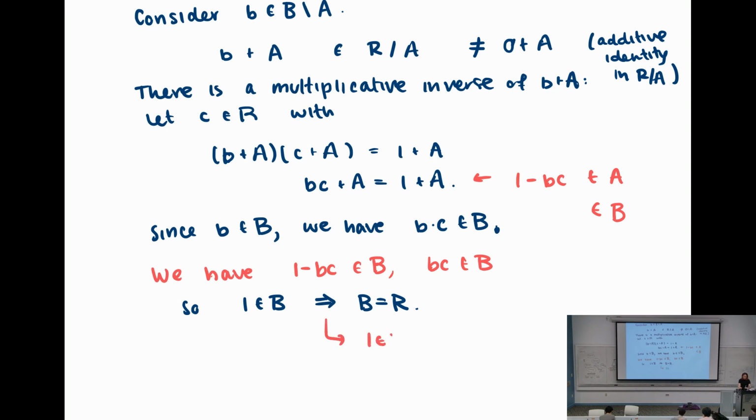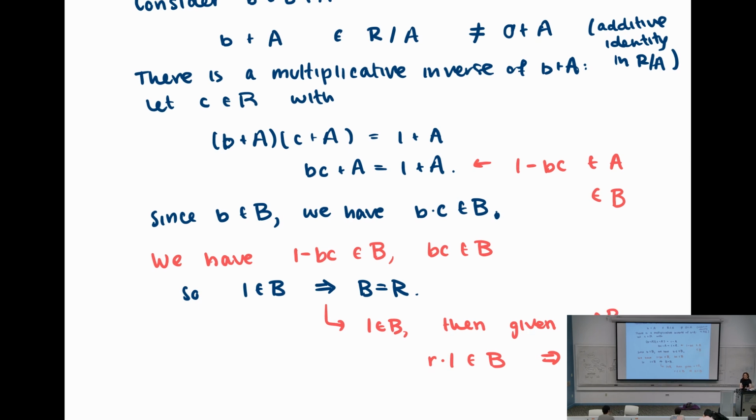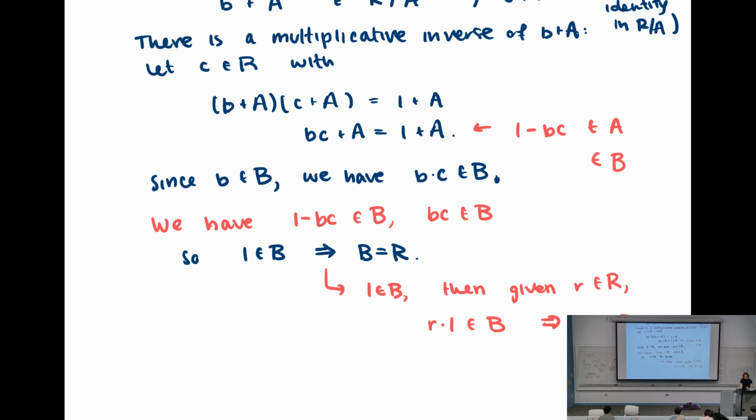If 1 is an element of B, then given any r in R, r times 1 is an element of B, because I can multiply things from the ring on things in B and stay in B. And so that means that R is a subset of B. And we already know that B is a subset of R. Okay, so this finishes the first half, so we conclude from this that A is maximal.